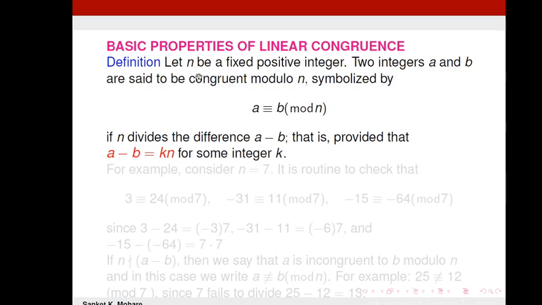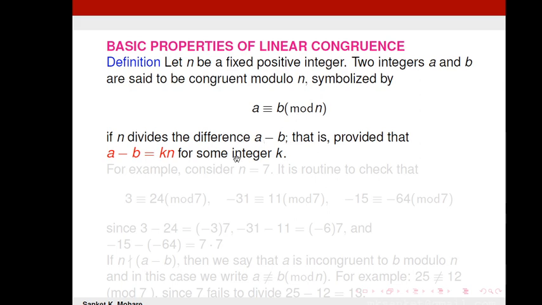So for any fixed integer n, two integers a and b are said to be congruent modulo n if the difference of these two integers, a minus b, is divisible by n.